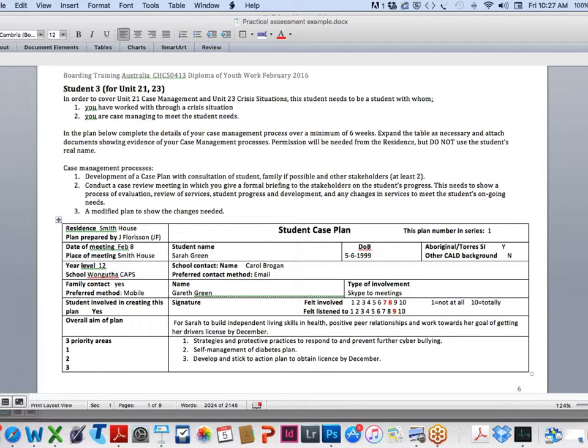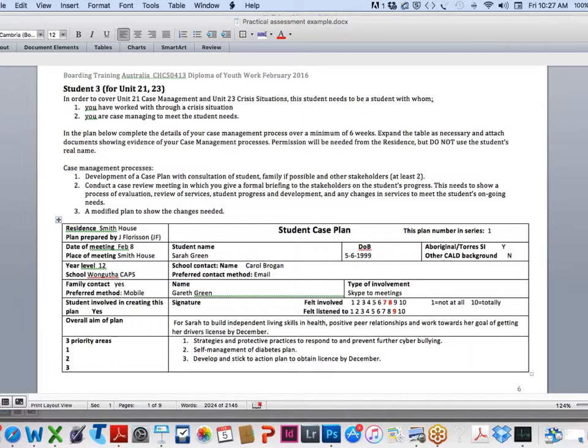So this young person, Sarah Green, has been through a crisis situation where she had other young people cyberbullying her, and she went through a bit of a meltdown about that. She was terribly stressed. She got angry and upset, and so there was an incident report about her and the other young girls, and that's what triggered us getting involved and starting to case manage Sarah.